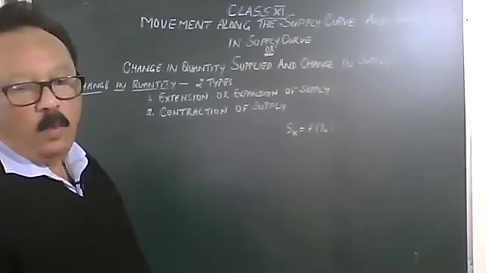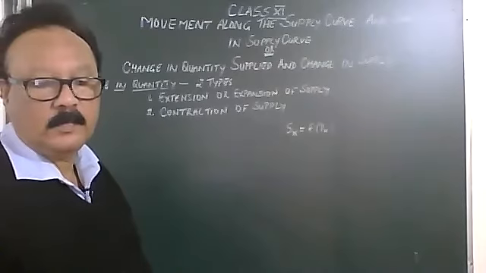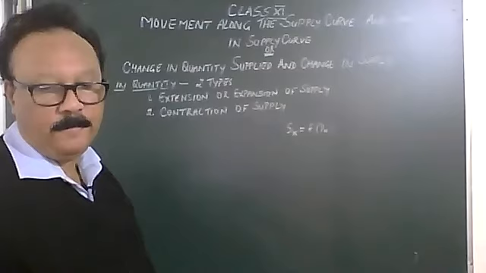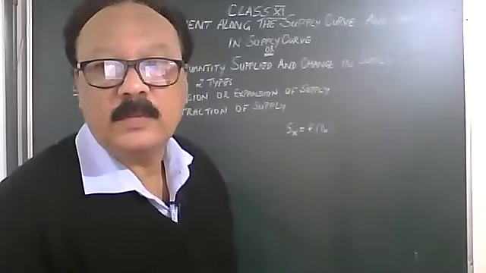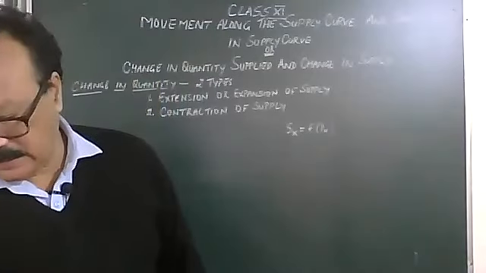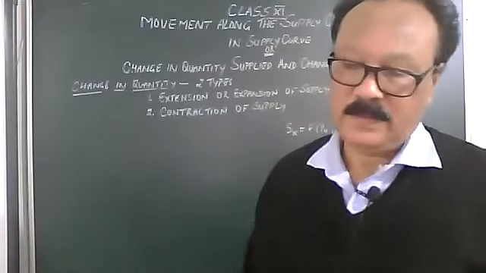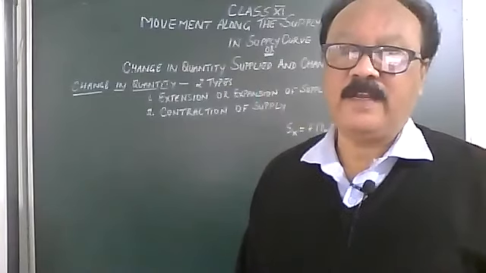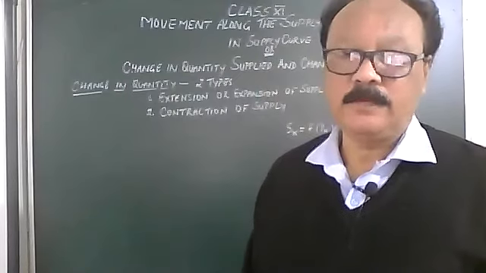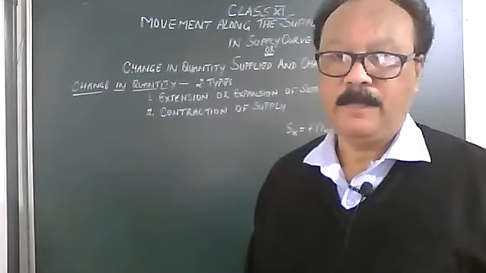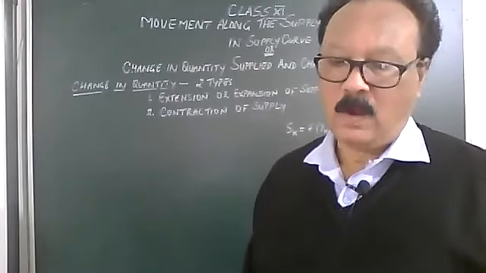When the quantity supplied of a commodity rises due to a rise in its price, other factors remaining constant, it is called expansion or extension of supply.